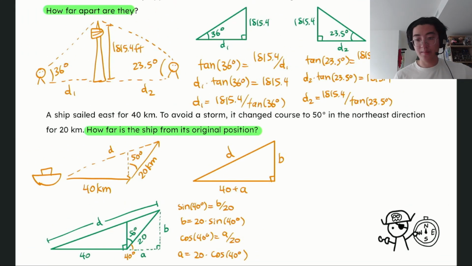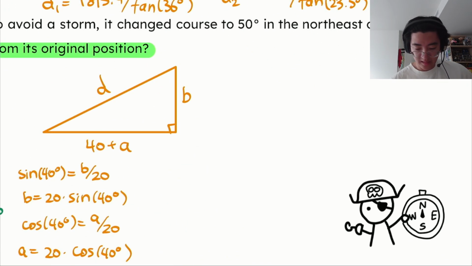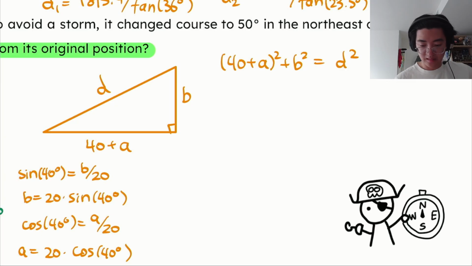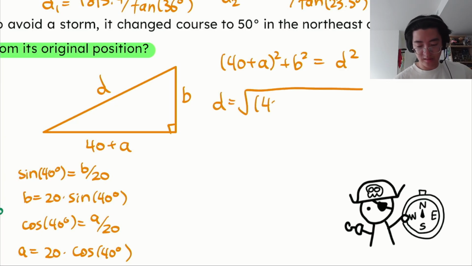Okay, last step, Pythagoras theorem. We have this first side length squared plus the other side length squared equals the hypotenuse squared. So D is just the square root of (40 plus a) squared plus b squared.